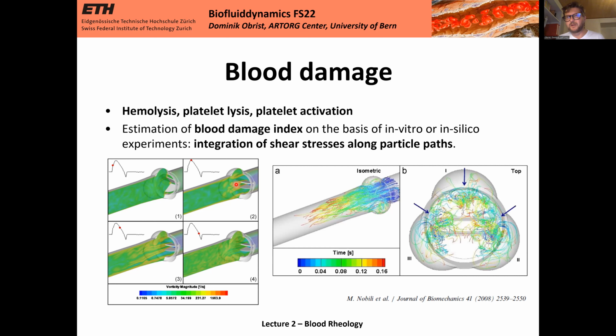So studies of blood damage, also modeling blood damage, trying to integrate these experienced stresses, and there's also a relaxation or a healing process over time, is rather complex, and there are a lot of scientists trying to create good models for quantifying the likelihood of blood damage. This is also a very, very hot topic of research.